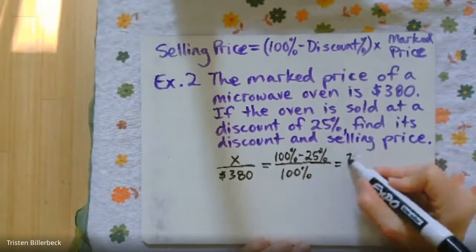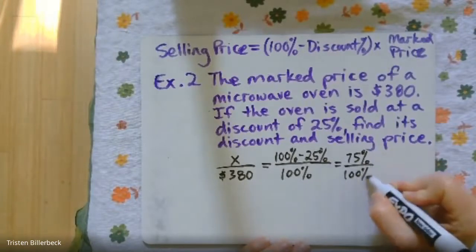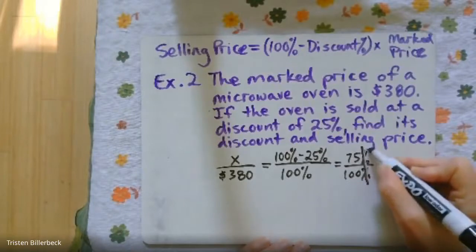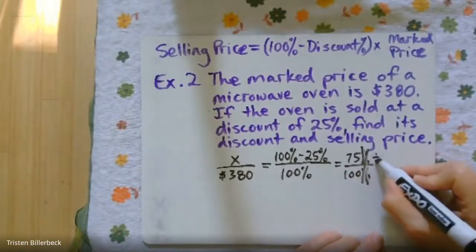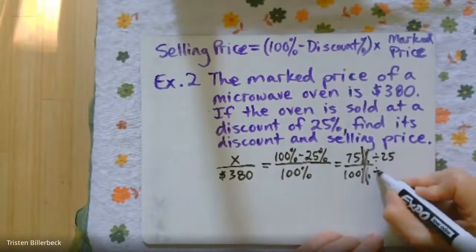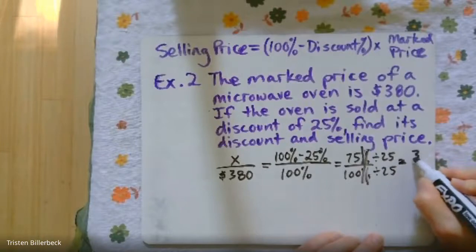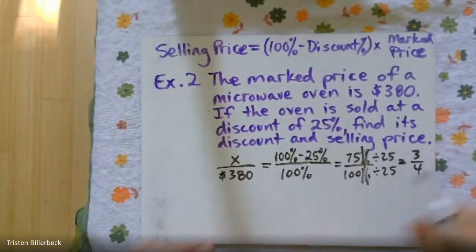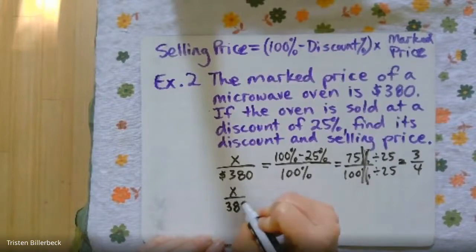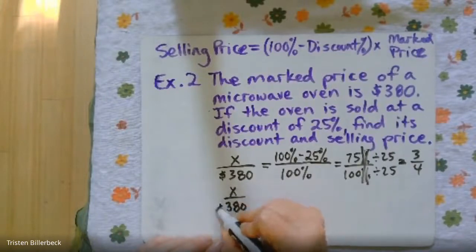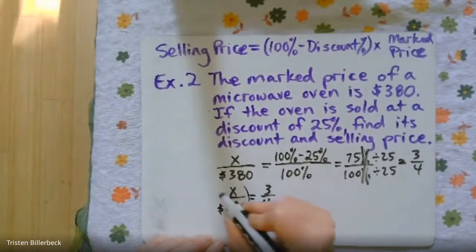So this is 75% over 100%, and the percents are top and bottom, so we can take those out. So we just have 75 over 100, which if we divide by 25, we get 3 over 4. So now we have x over 380, and this is in dollars, equals 3 over 4.